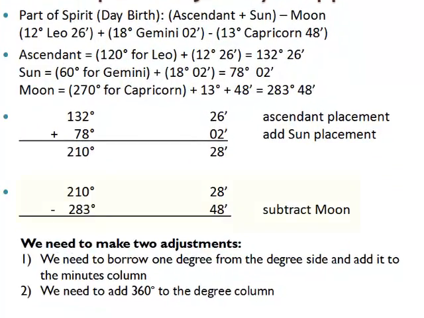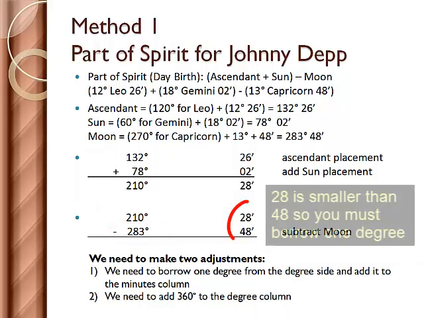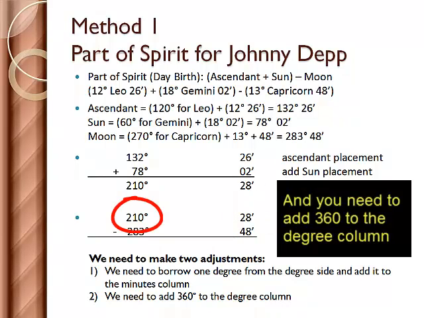Well, now we're going to subtract the moon, but we have a problem. 210 degrees is smaller than what we are subtracting. The moon was in Capricorn and it came out to 283 degrees 48 minutes. So we are going to have to borrow 1 degree on the minute side, and we're going to have to add 360 degrees to the degree column.